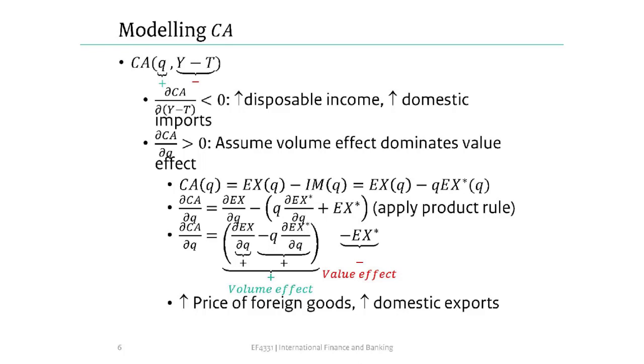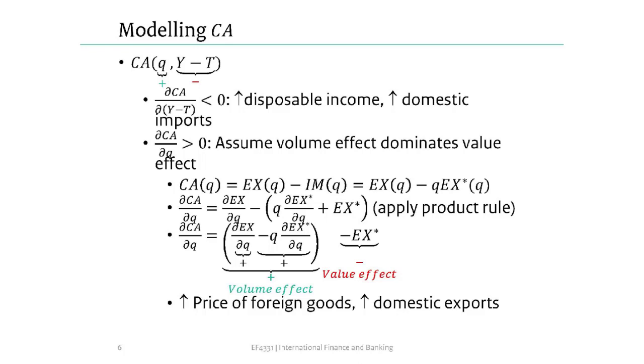Up to now, we assumed that this volume effect overshadows this minus effect, this minus EX star. So we'll impose some assumptions to conclude that the change in the current account with respect to change in Q must be positive.